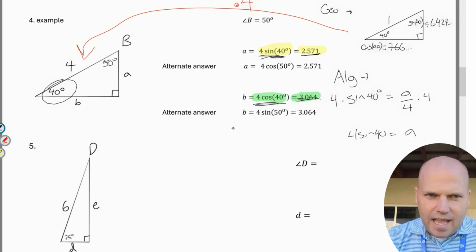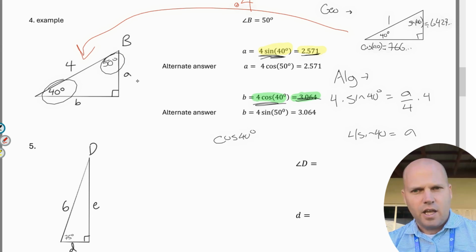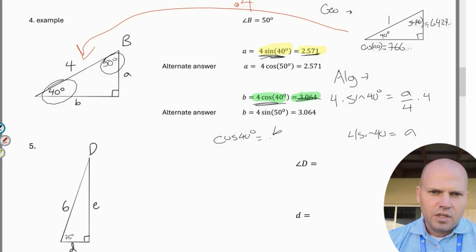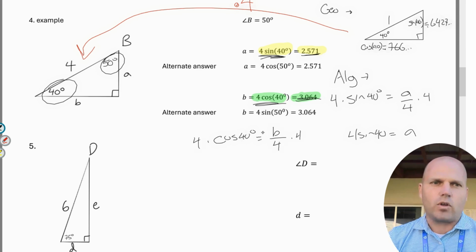You could say that the cosine of 40 degrees, and also we can do this with 50 degrees with sine and cosine to get b with sine and a with cosine. Say the cosine of 40 degrees is adjacent over hypotenuse. Cosine of 40 degrees is the adjacent side b over the hypotenuse of 4, and you can then multiply both sides by 4 to get 4 cosine 40.